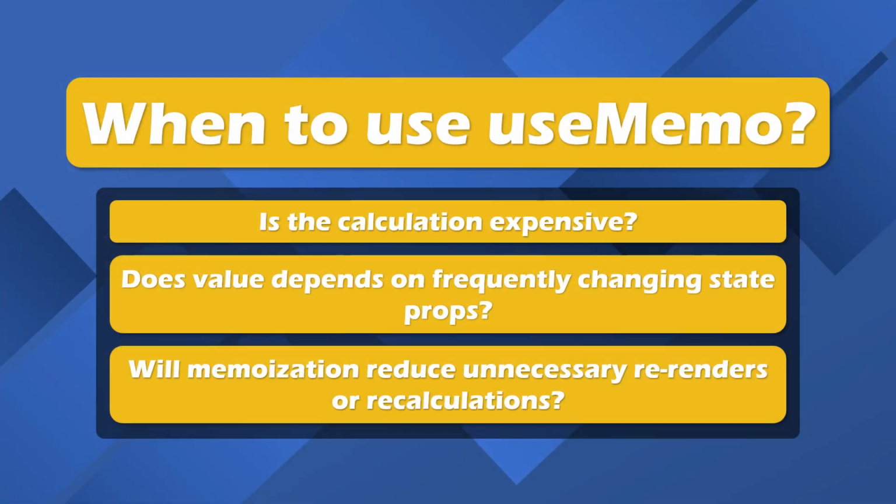So, we should always ask whether the calculation we are trying to memoize is really expensive, whether the memoized value depends on state or props that change frequently, or whether memoization will reduce unnecessary re-renders or recalculation. If the answer to these questions is no, we don't need to memoize it and let React handle the updates by itself. It's very efficient that way.